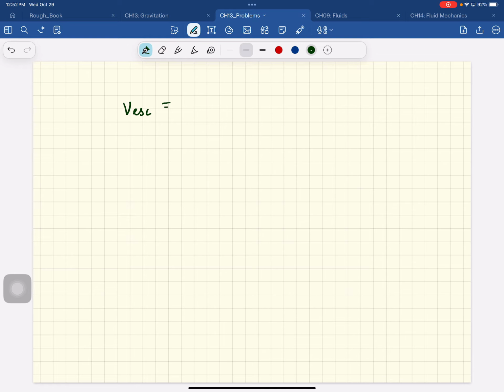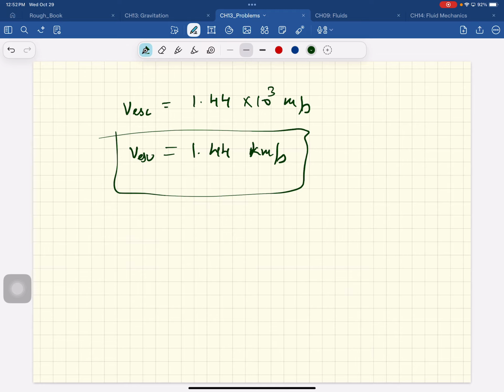So at least we passed one test. Okay. So if you want the moon to escape from your gravity, you increase its speed from 1 kilometer a second to 1.44 kilometers.